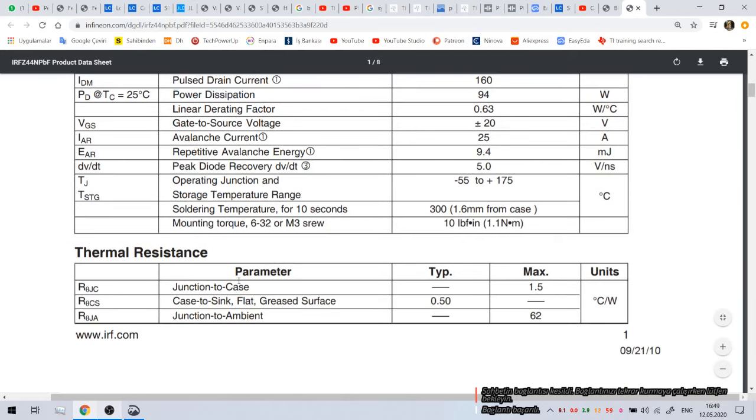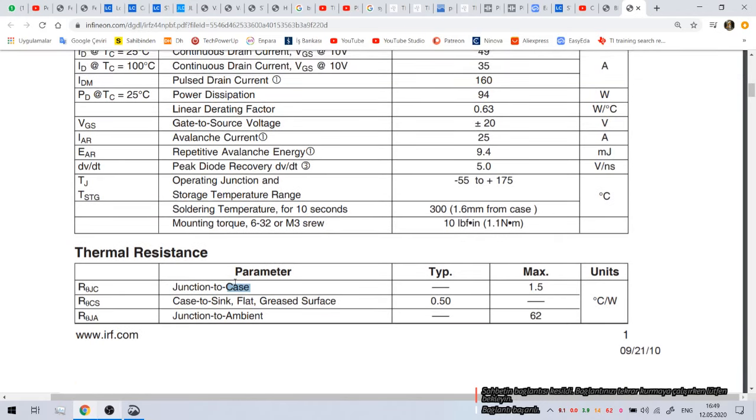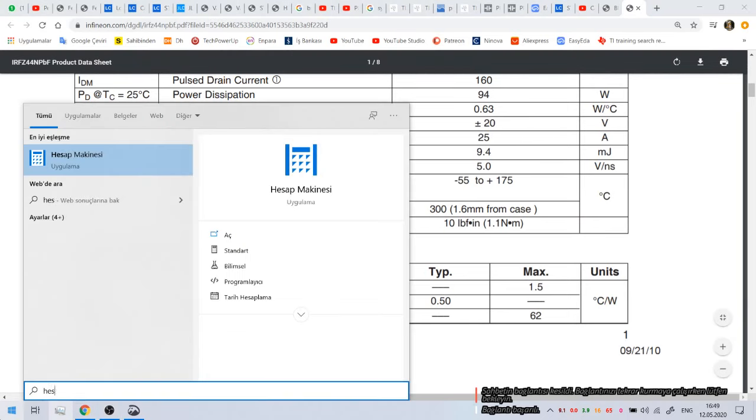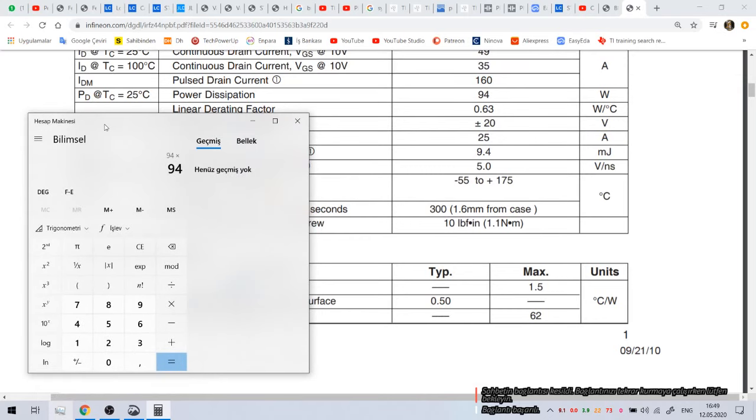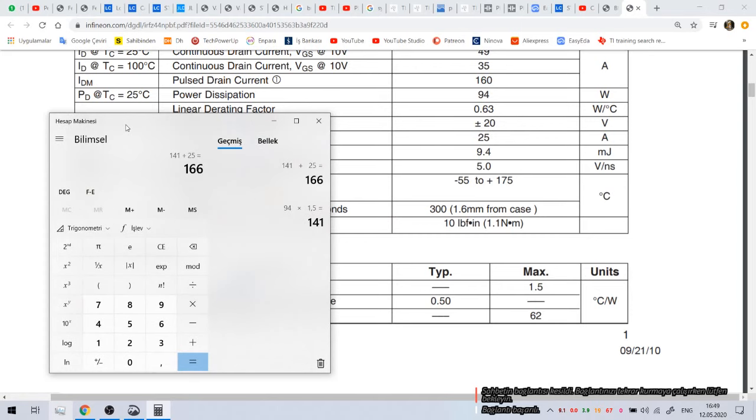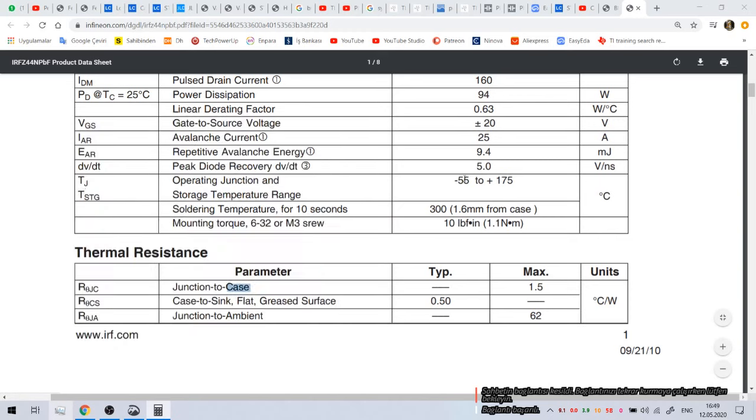If the case temperature is 25 degrees, we can calculate the junction temperature: 94 watt times 1.5 is 141, plus 25, gives 166 centigrade degree junction temperature. It is very much. And the operating junction and storage temperature is 175 centigrade degree.